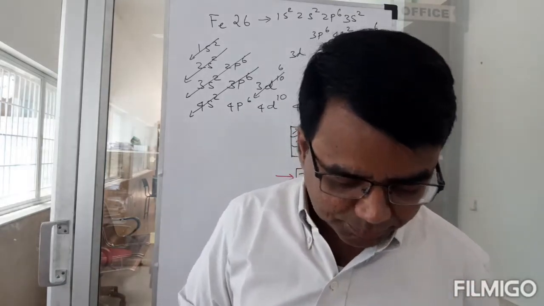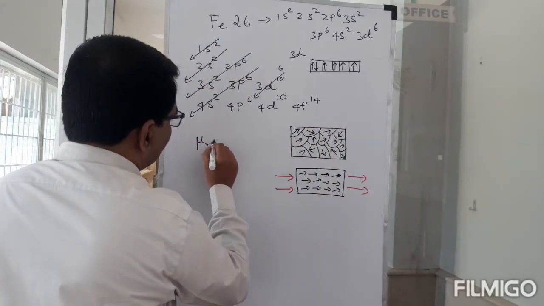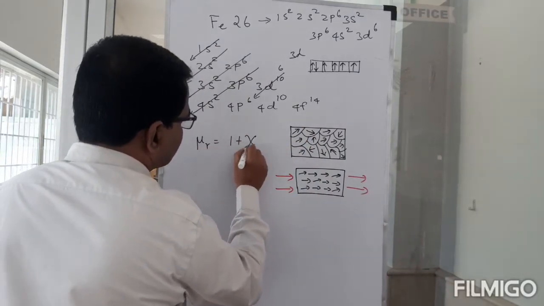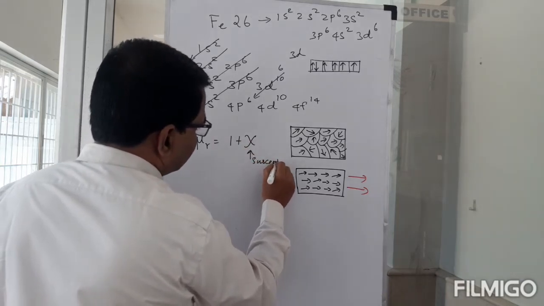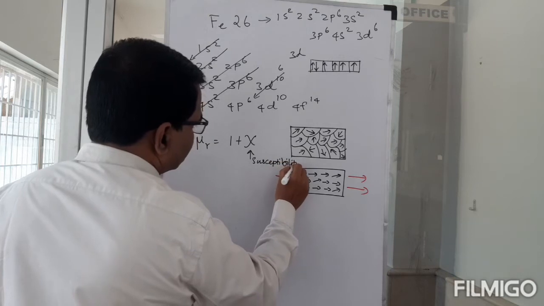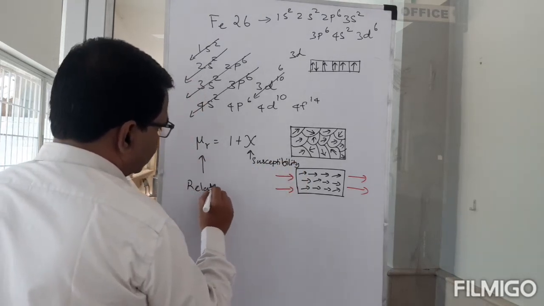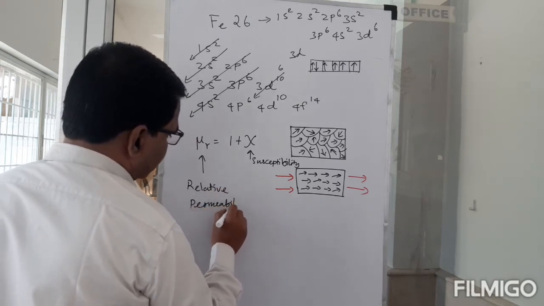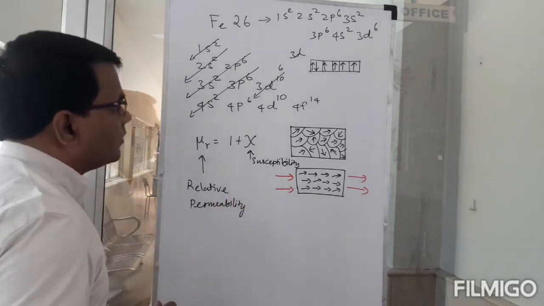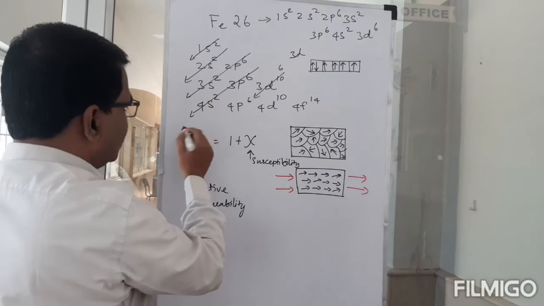We saw this. What is relative permeability μr? μr is equal to 1 plus χ. This is the susceptibility, and this is the relative permeability. So, in the case of ferromagnetic materials, this could be more than 1,000.